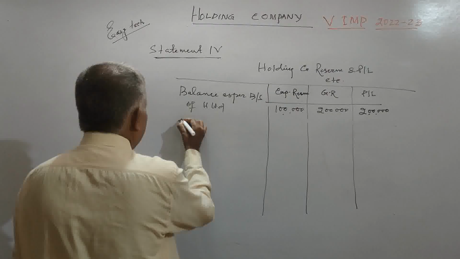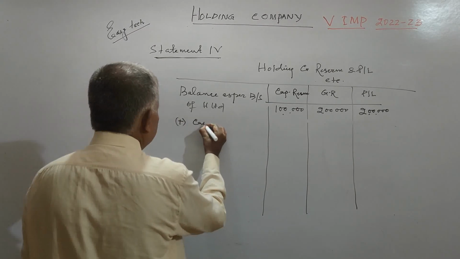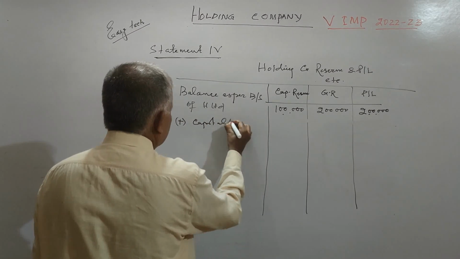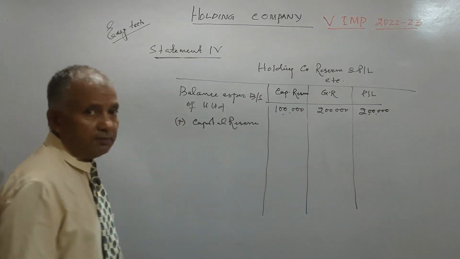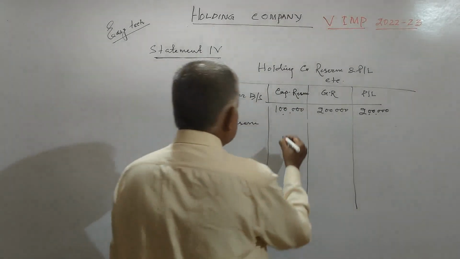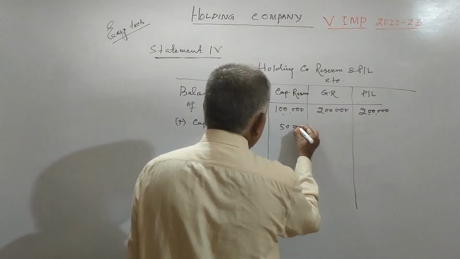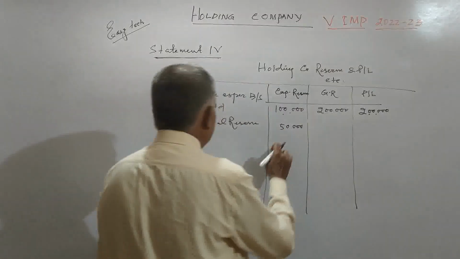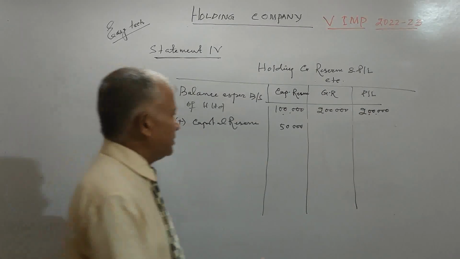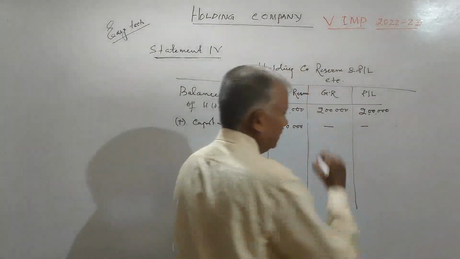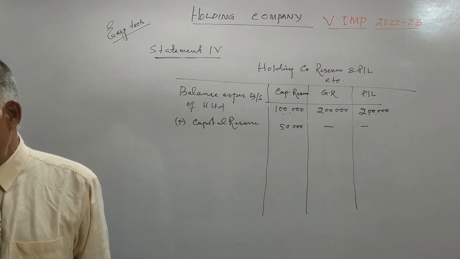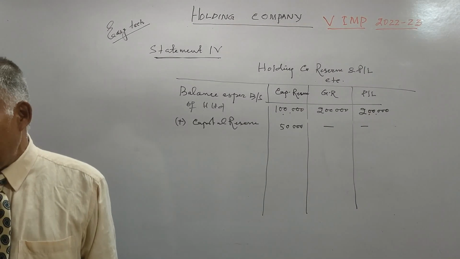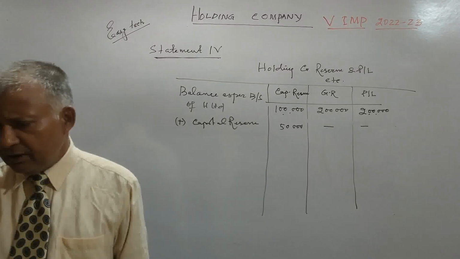Now we shall add the capital reserve. This capital reserve has come from the cost of control, that is capital reserve opening balance was 1 lakh and capital reserve is 50,000. Right? So in the balance sheet the total capital reserve will be 1,50,000.